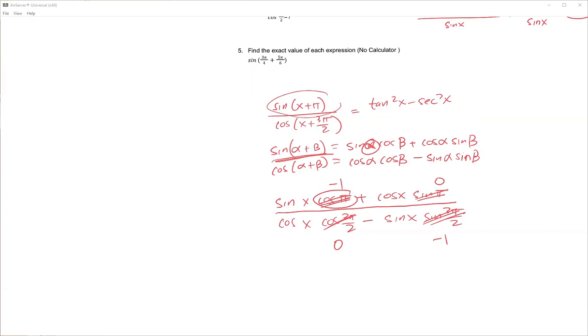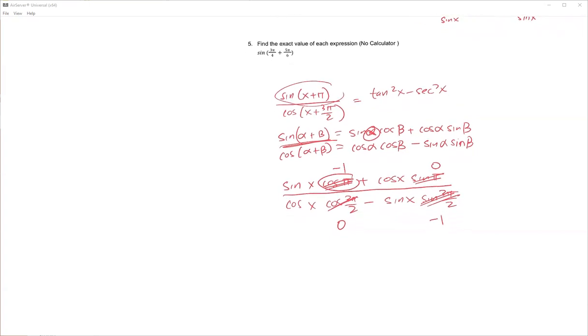Okay. So this is -1 times sine x, which is negative sine x. This is 0, because 0 times cosine x will be 0. Over, this is 0 right here, cosine x times 0 is 0. Negative sine x times -1 is positive sine x. That equals -1.